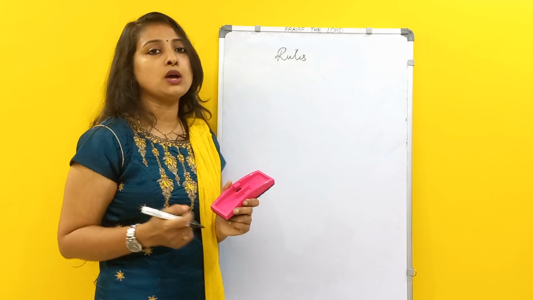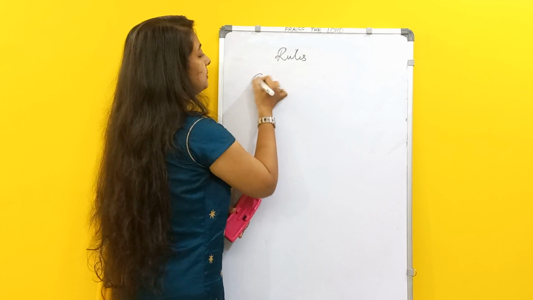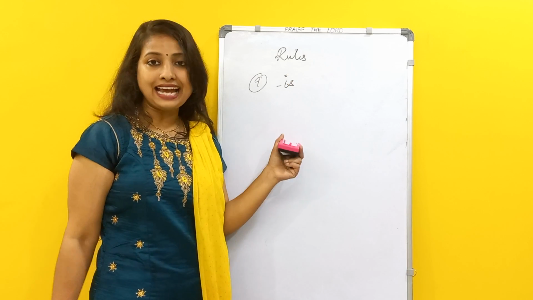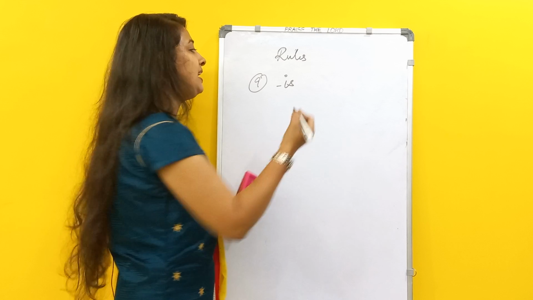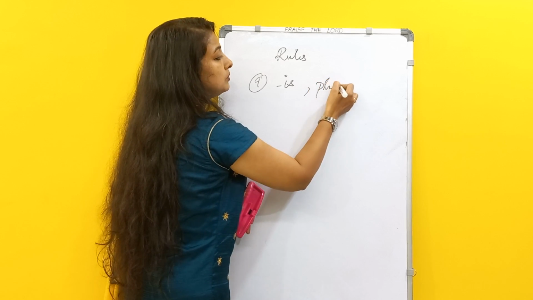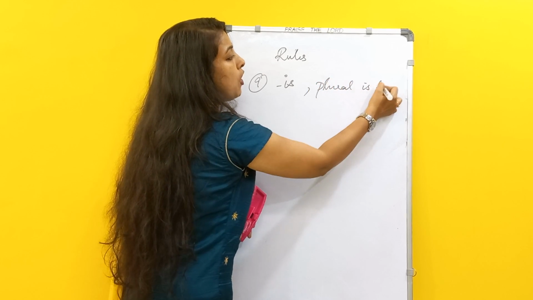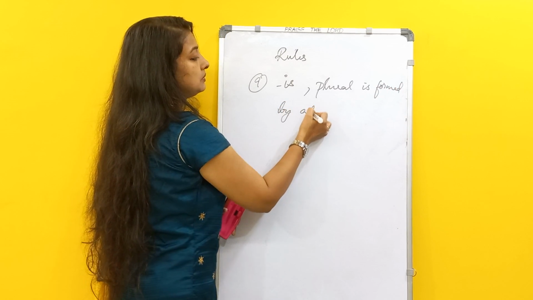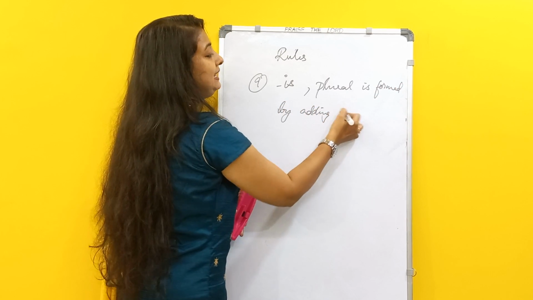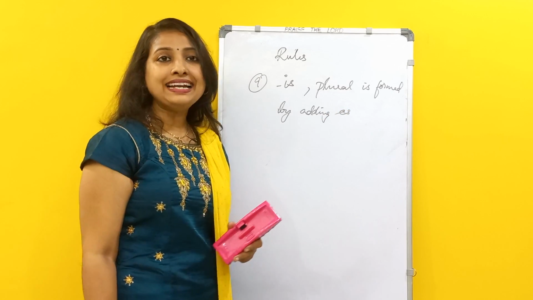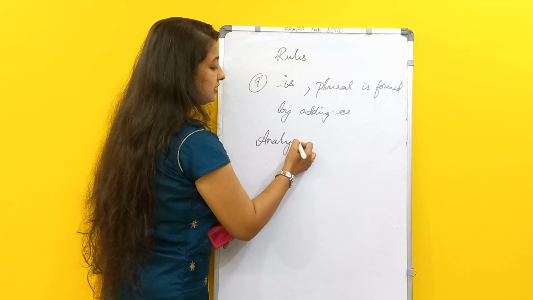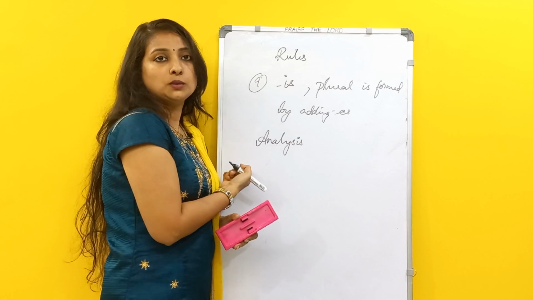If a noun is ending in IS, the plural is formed by changing it to ES.